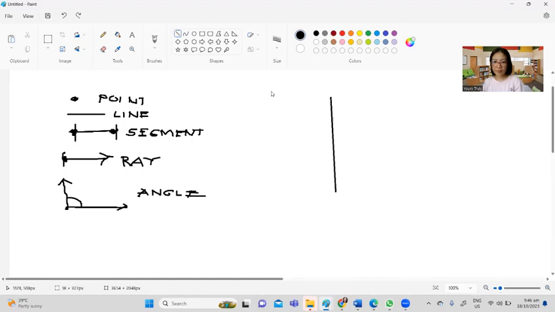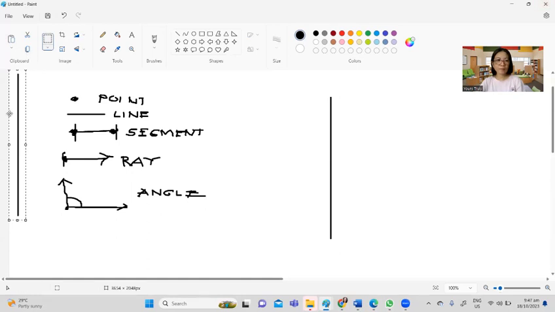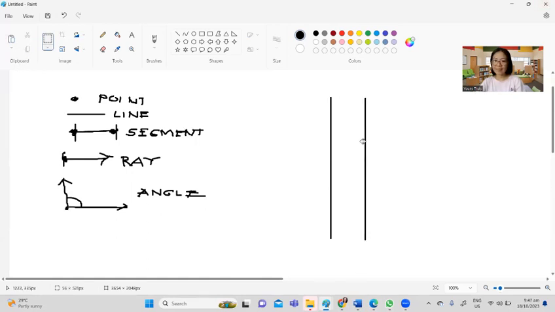I have this one, just a line, and then I make another line beside it. So how do you call these lines? They are parallel lines. When two lines stand along each other, we call these parallel lines.